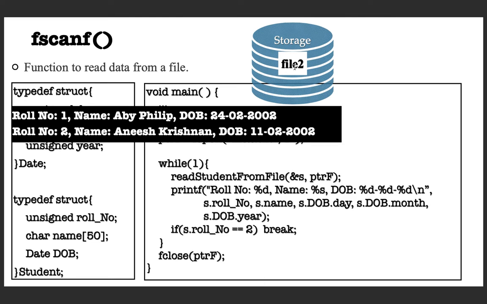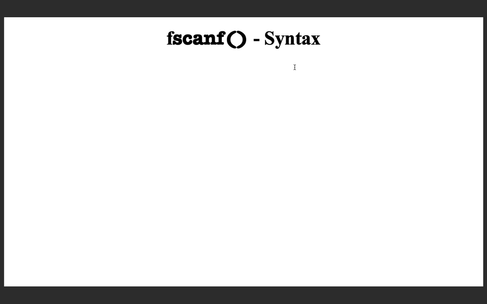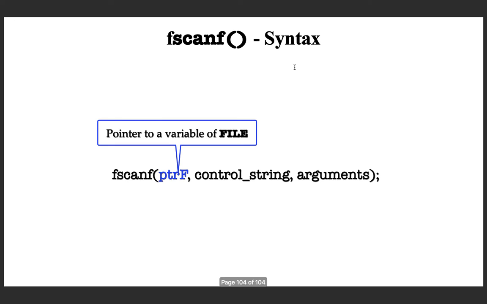And with this I hope you got what is fprintf and what is fscanf. And now we can look at the formal syntax. So this is the syntax. When compared to scanf, the only addition is this argument, otherwise it is the same. So this is the file handle.